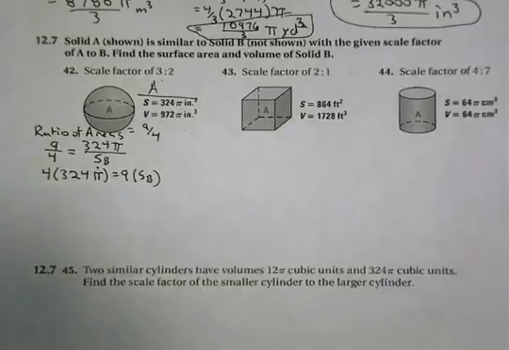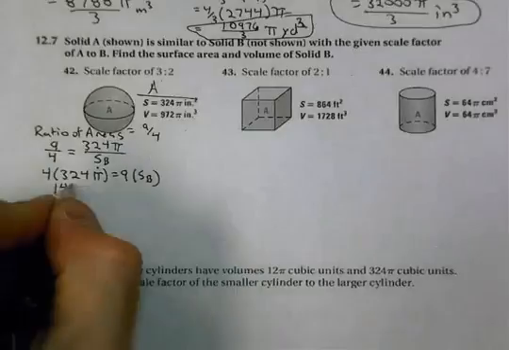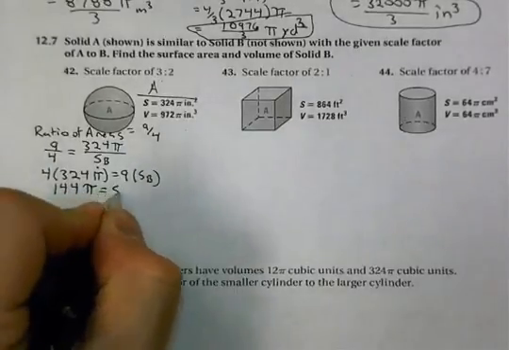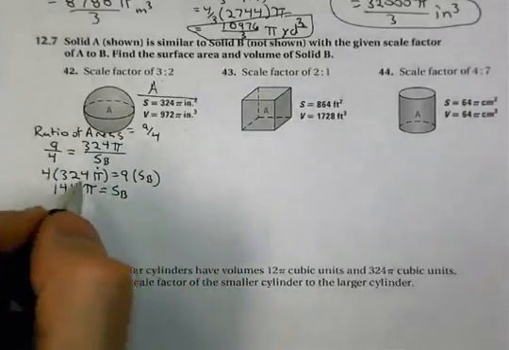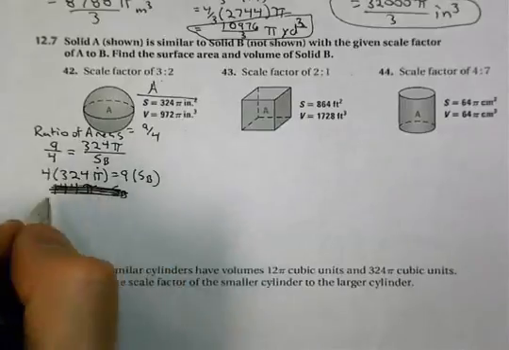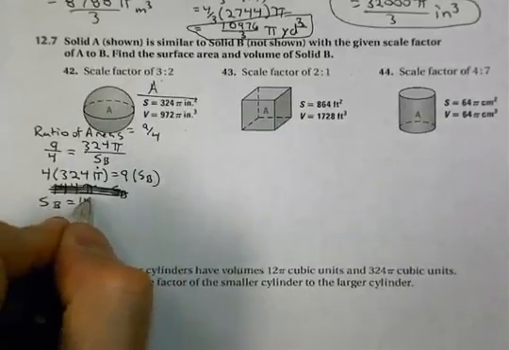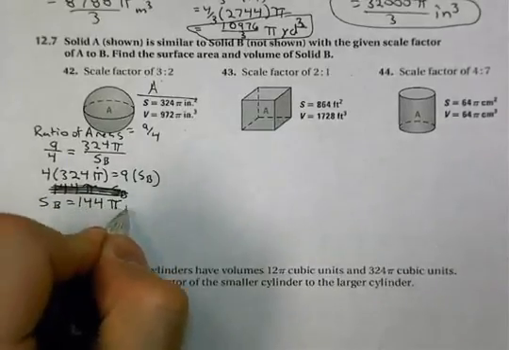I divide by 9 and I get 144 pi equals the surface area of B. Let's write that a little better. Surface area of B is 144 pi inches squared.